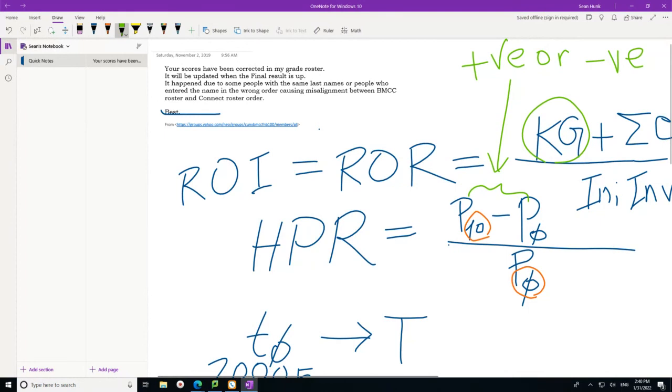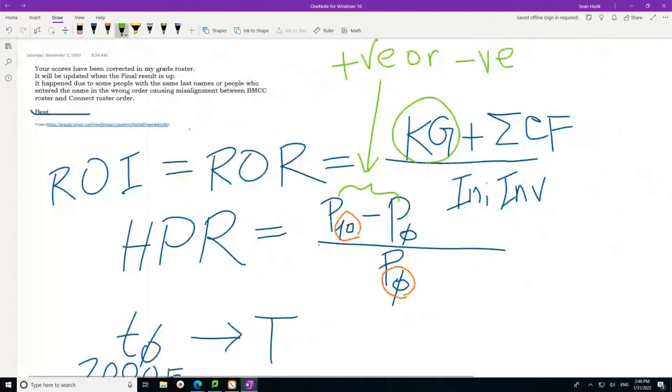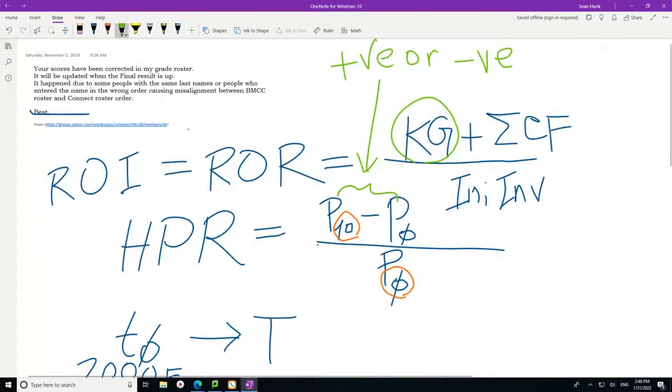So capital gains can be either positive or negative, right?